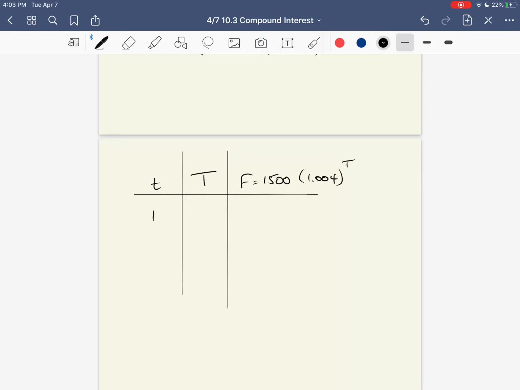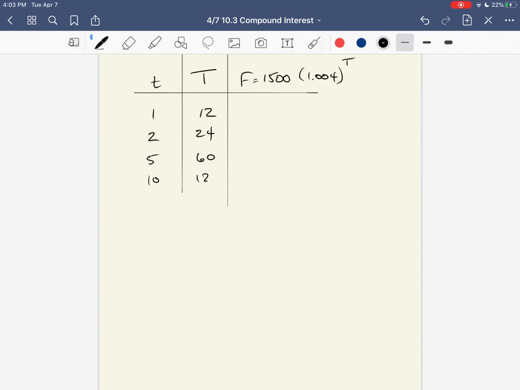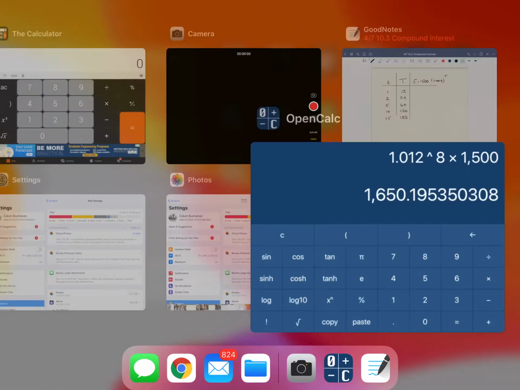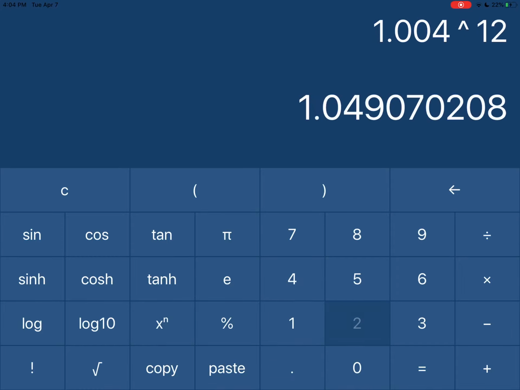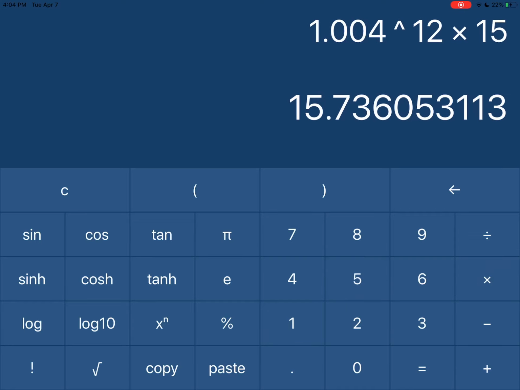So now, after 1 year, we have 12 months in a year. 2 years, there are 24 months. 5 years, there are 60 months. 10 years, there are 120 months. And 15 years, 180 months. Okay. And so if we do out these calculations now, 1.004 raised to the 12th, multiply that by 1,500.